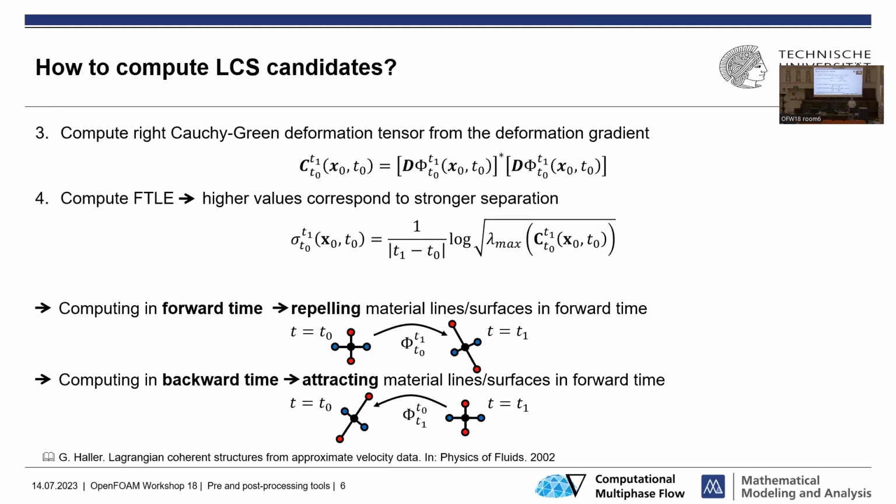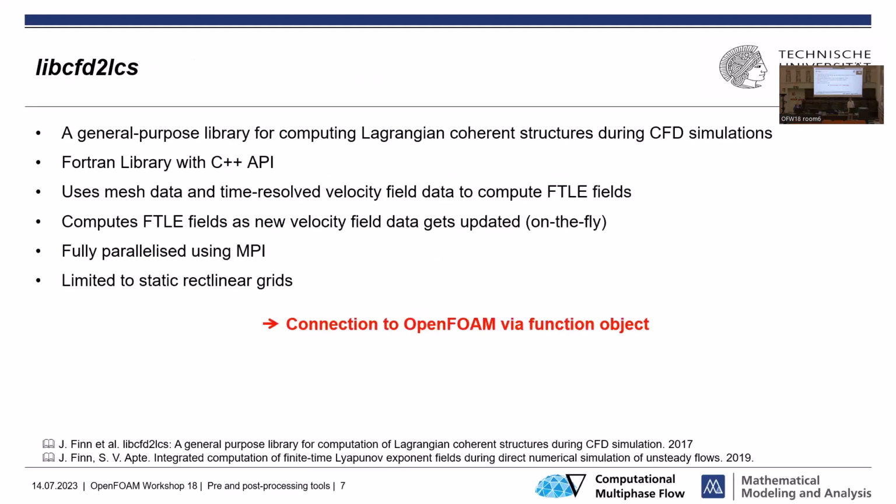You get those lines as ridges in these fields where the values are the highest, which give you lines or surfaces in the field that visualize the most repelling material surfaces. If you do the same in backwards time, so if particles separate the most in backwards time, they will converge or get squished the most in forward time. So there you will get attracting material lines.